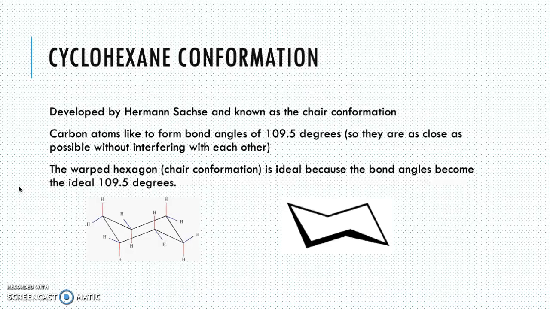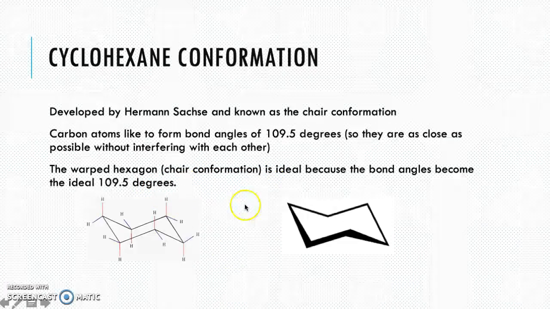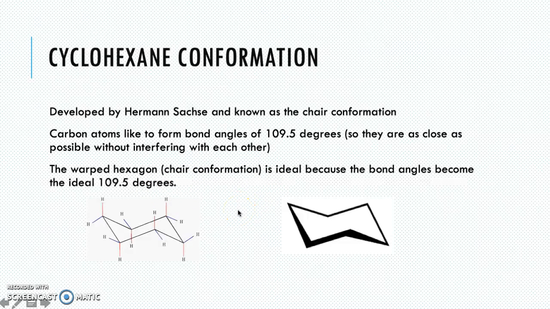Carbon atoms like to form bond angles at 109.5 degrees, so they're as far apart as possible without interfering with each other. But if cyclohexane were a flat hexagon, the bond angle would be 120 degrees. By forming a warped hexagon, or a chair conformation, the ideal bond angles would be 109.5 degrees.